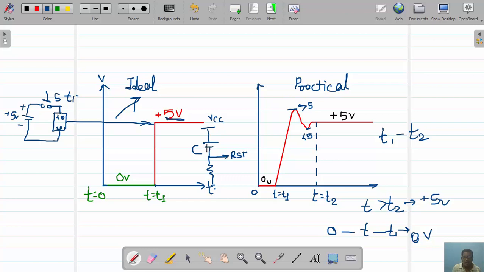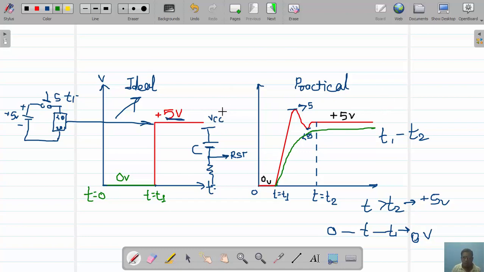So the moment at which we turn on the supply, between T1 to T2, the capacitor gradually goes on charging in this way. Between T1 to T2 the capacitor is charging, and after T2 the capacitor is fully charged, and it is going to give this response here.